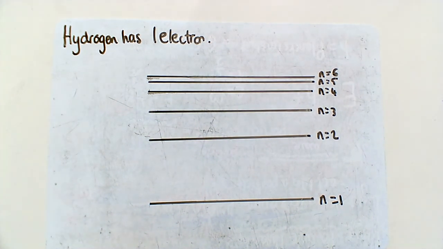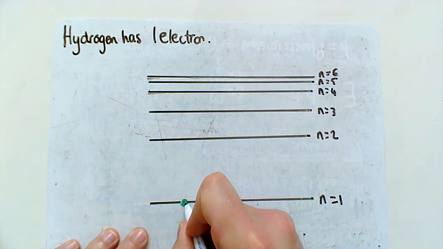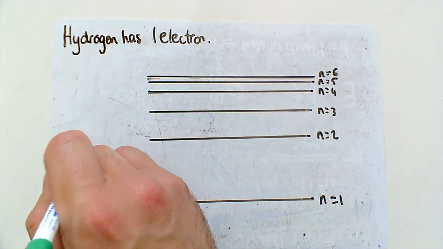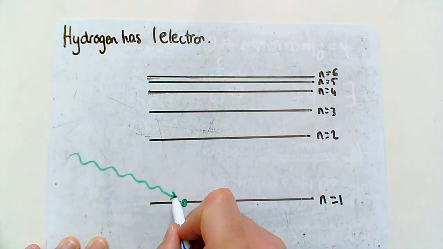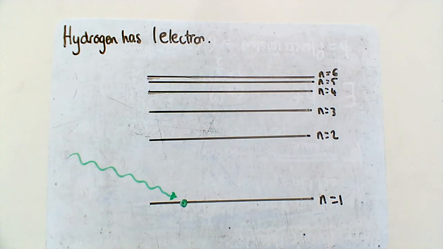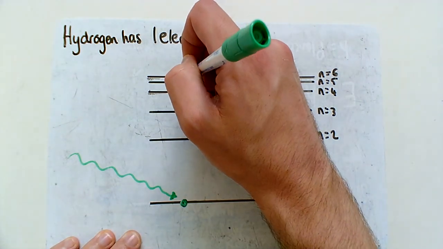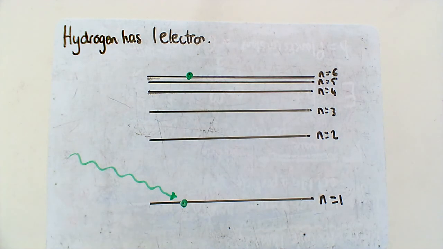Now, hydrogen only has one electron, and that's usually going to start here. If we have a beam of light coming in, it allows that electron to go up to n equals 6. Now n equals 6 is not the final level, it's just the one that I've drawn there.